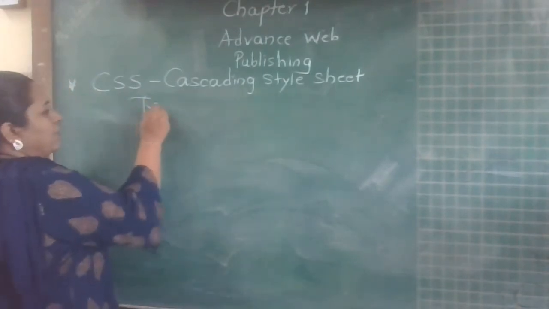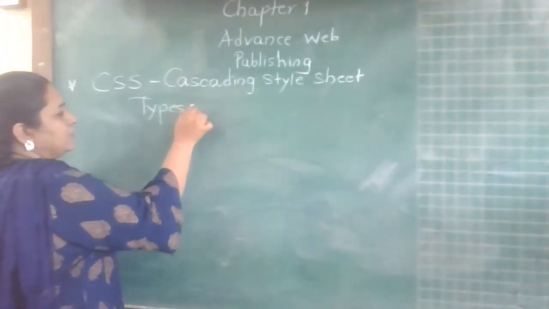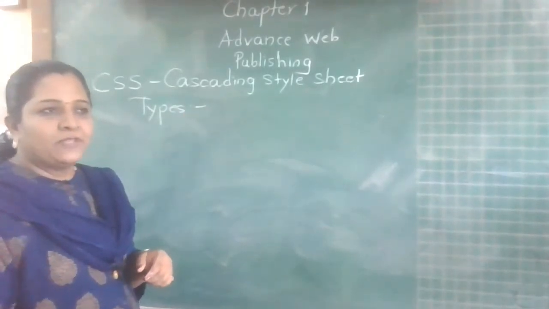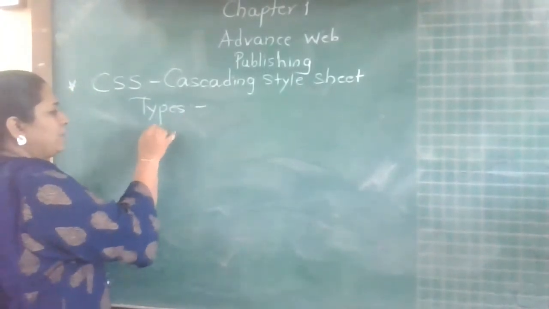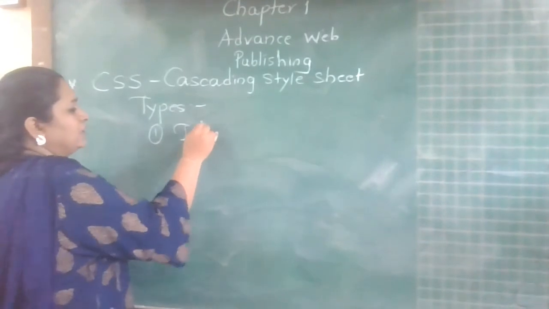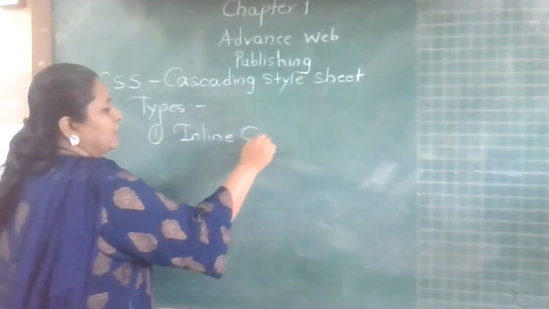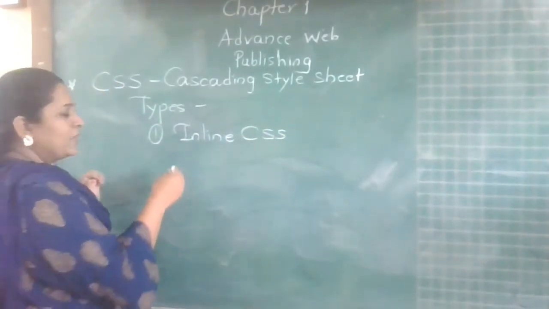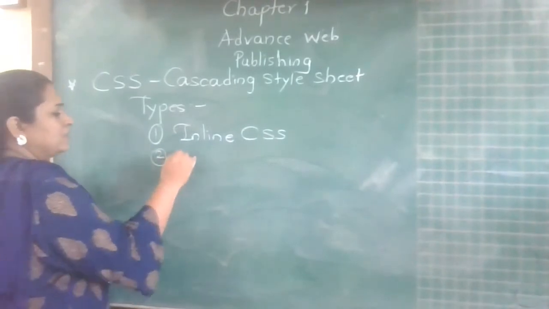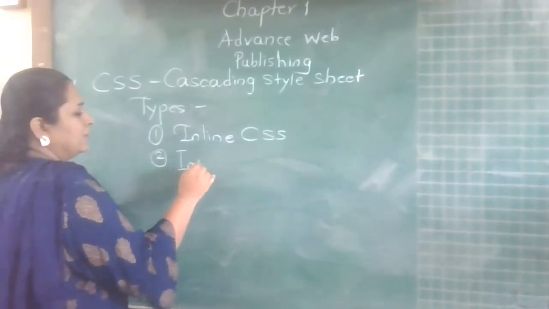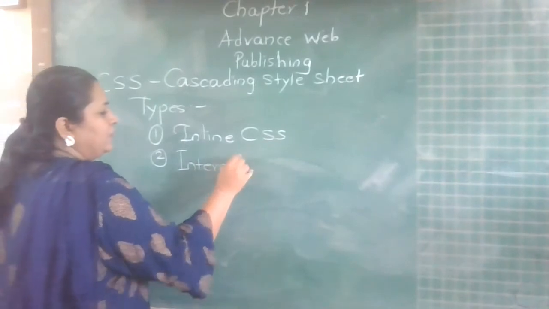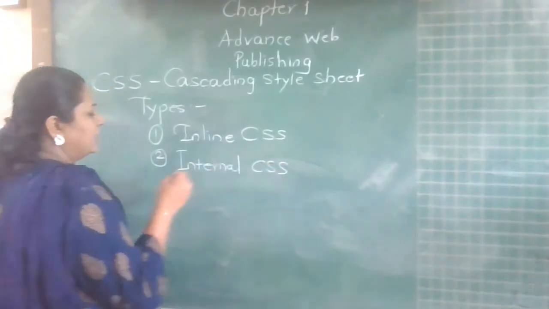Here, for the types of CSS, there are a total of 3 types. The first type is inline cascading style sheet. The second type is internal cascading style sheet.